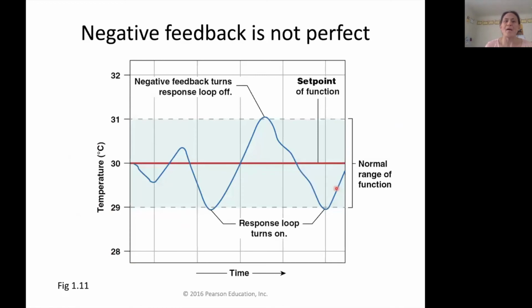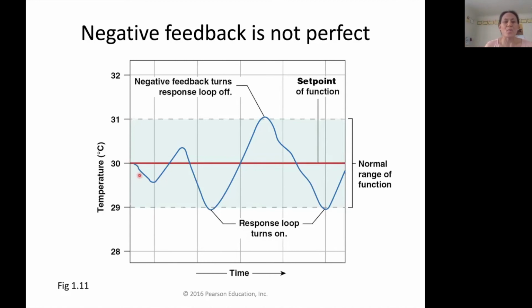I want to point out that negative feedback is not perfect, right? Throughout the day, we are monitoring a whole slew of variables within our bodies, and those variables are fluctuating up and down.